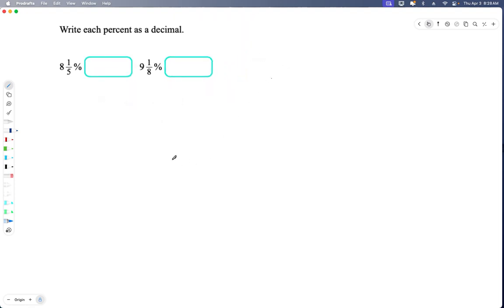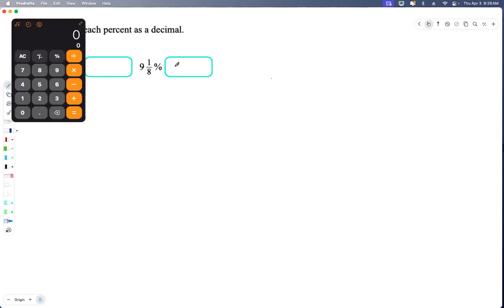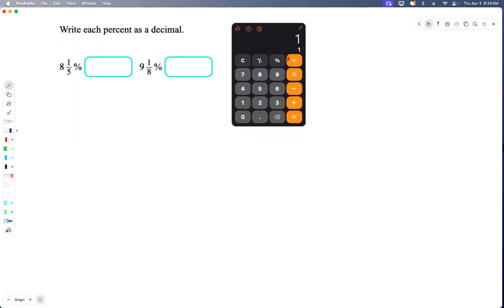So the first thing we have to do is convert this to a decimal within the percent. So 1 divided by 5 is going to be 0.2. That just takes the place of this fraction. So this becomes 8.2%.